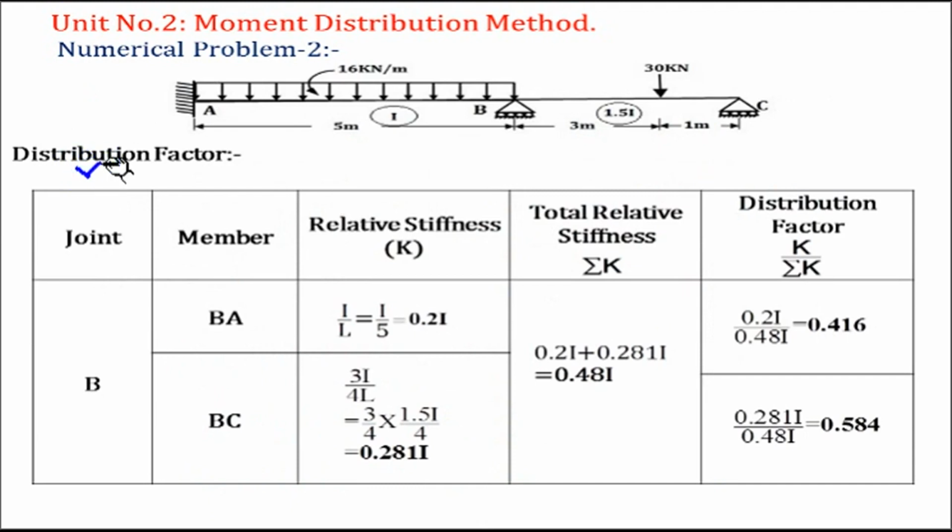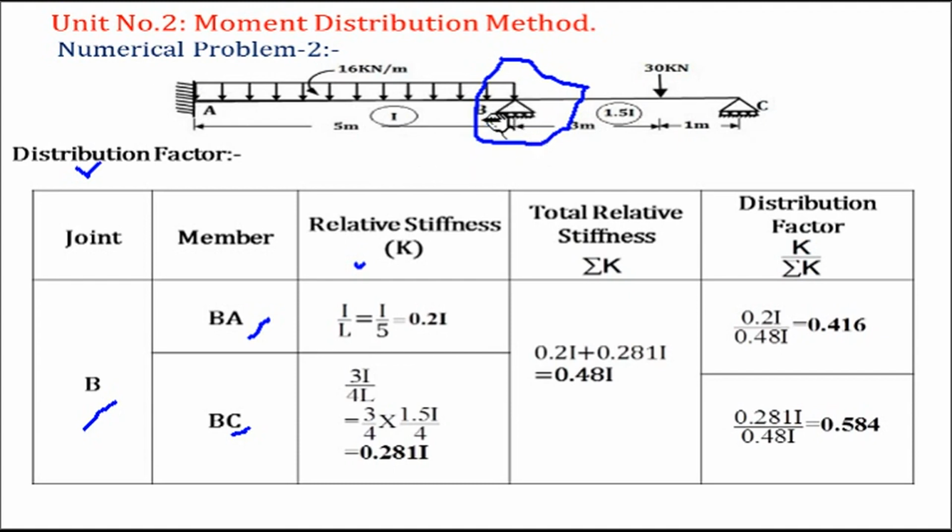Now distribution factor. For distribution factor you have to choose the intermediate joint. So joint B, and the members connected to joint B are BA and BC. Two members are connected to joint B. Now find their relative stiffness. Relative stiffness for BA: B is a joint and the far end is fixed, that means A is fixed.